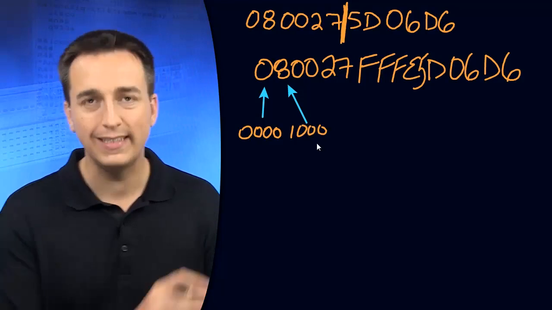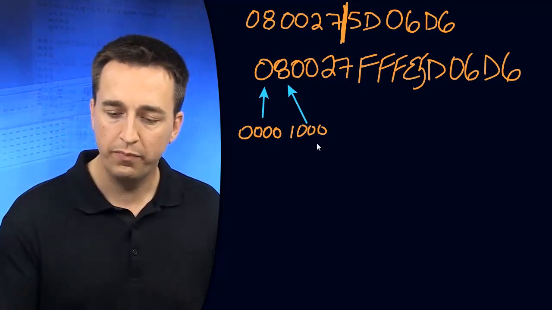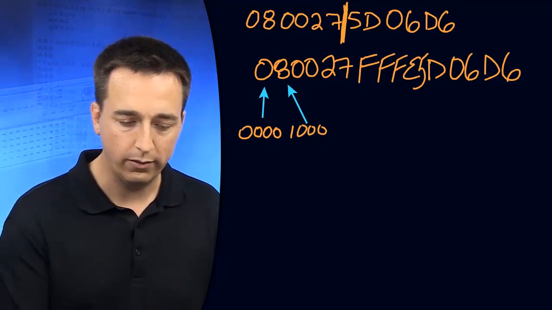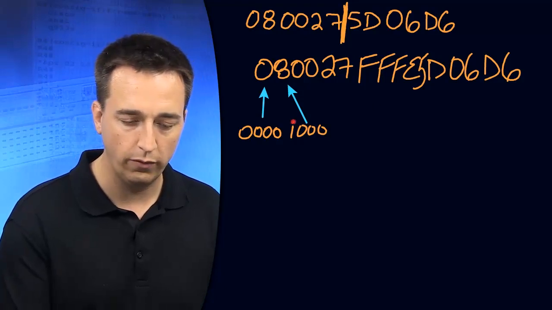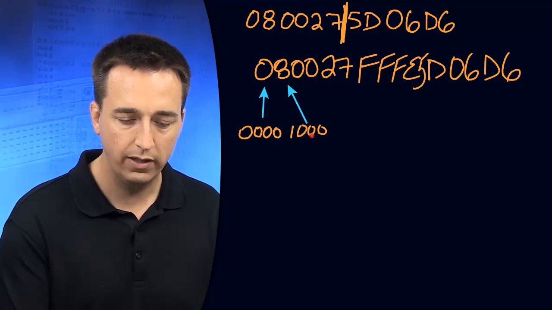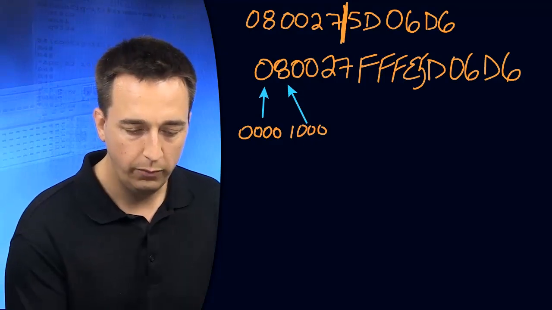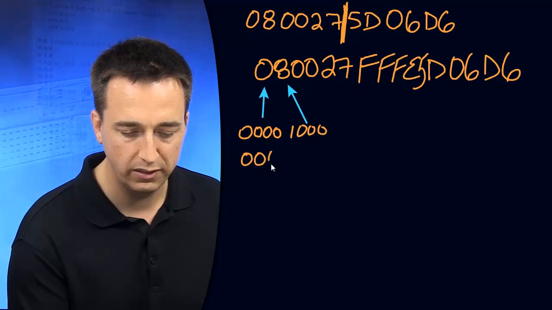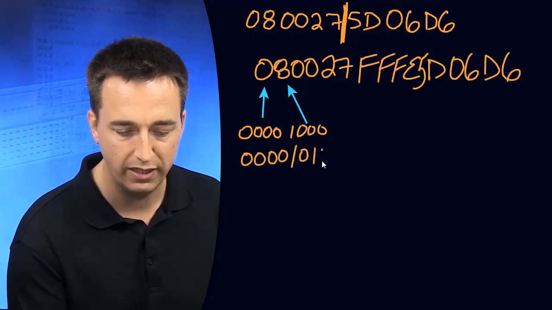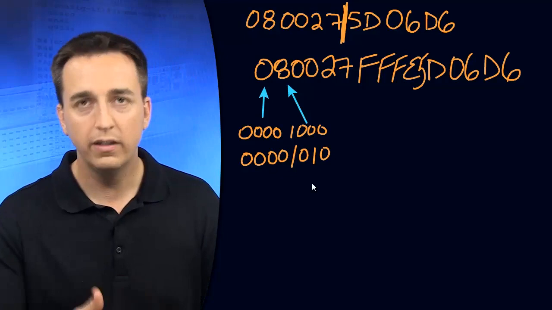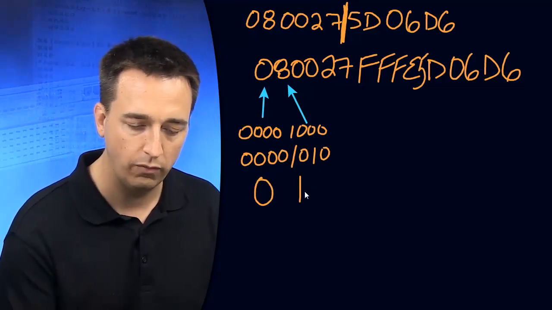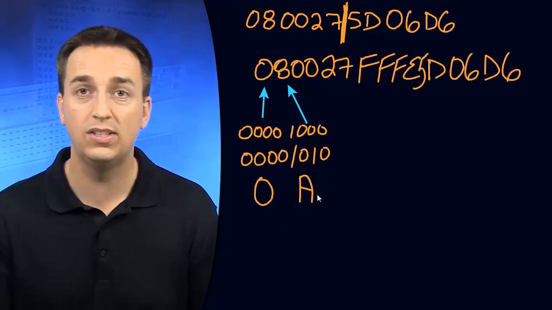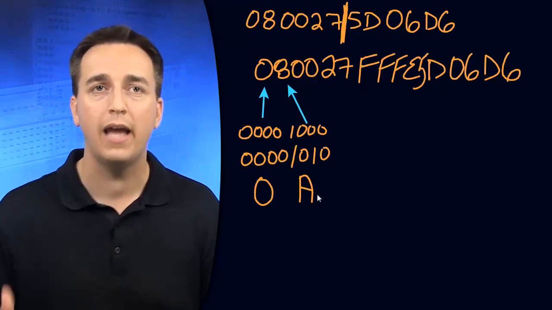So where is the 7th bit from the left now? Well, if we just count, 1, 2, 3, 4, 5, 6, 7. There's the 7th bit from the left. So we got to convert that. We convert that to 0000 1010. And then if we convert these back again, you have a hex value of 0 and a hex value of what? A. Because 10 in binary equals A.